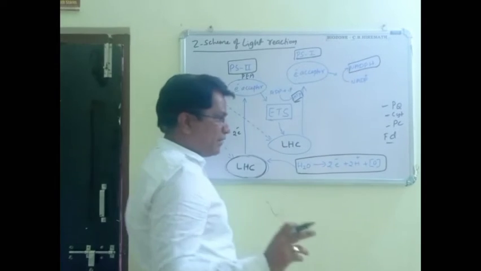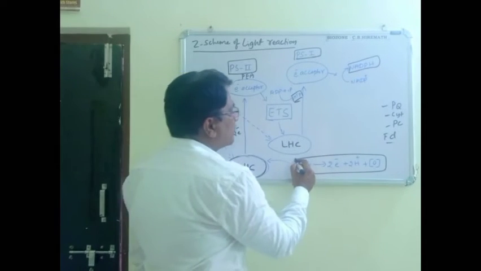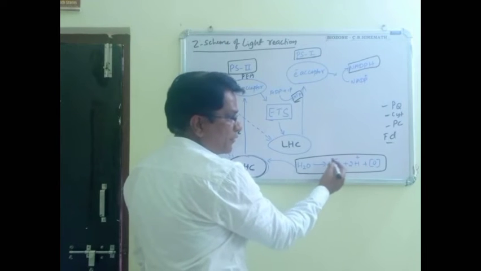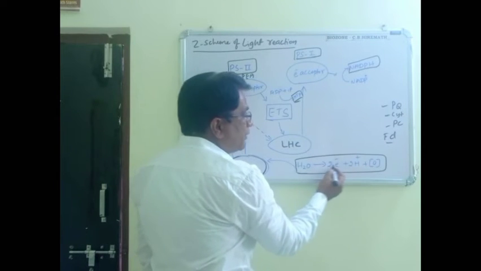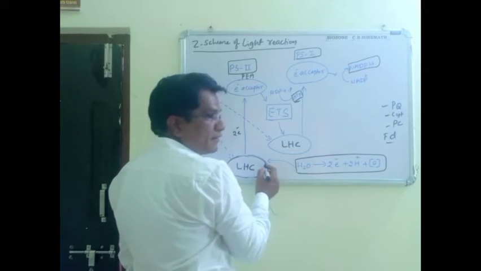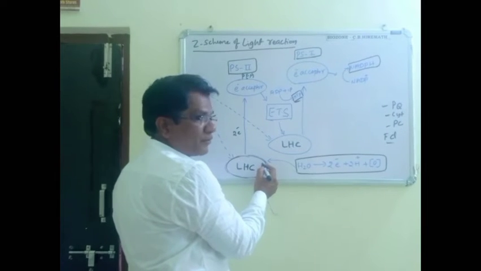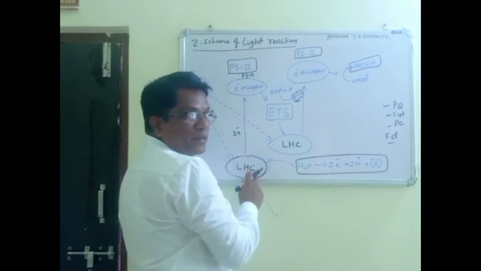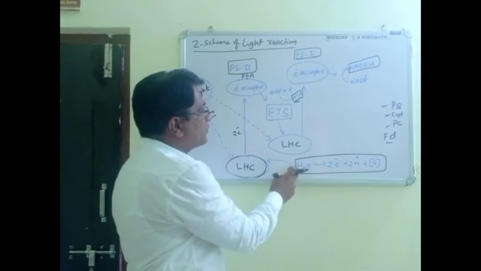One more very important event takes place, that is photolysis of water. Water molecules split up and release two electrons and two protons. These electrons are transferred to this complex to compensate the loss of electrons.